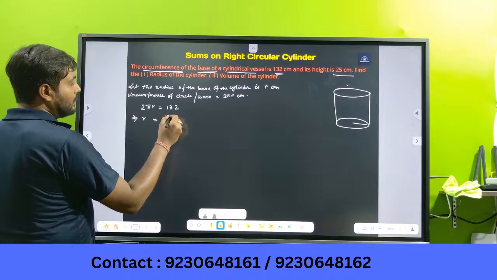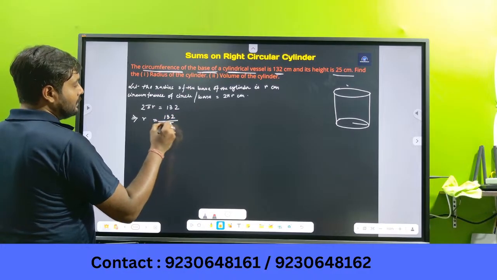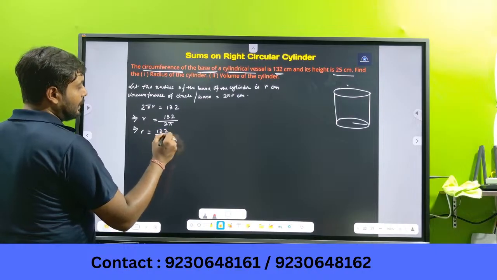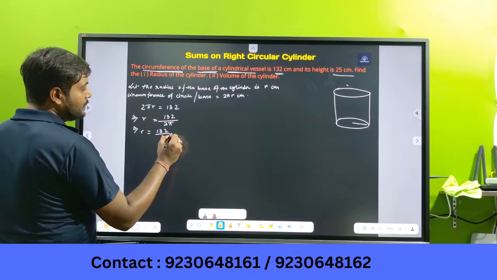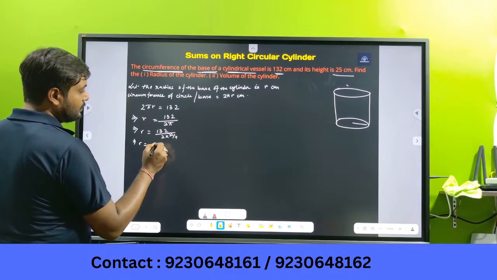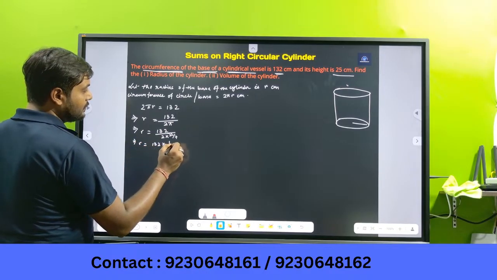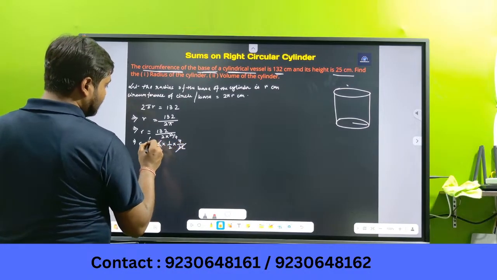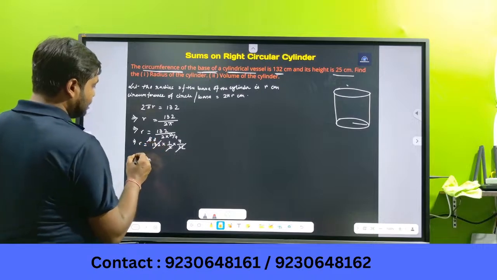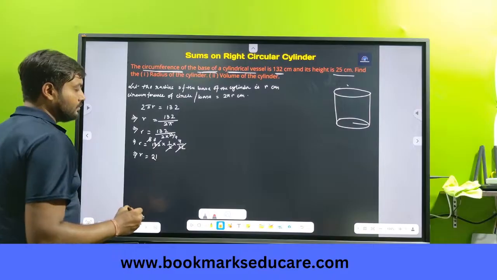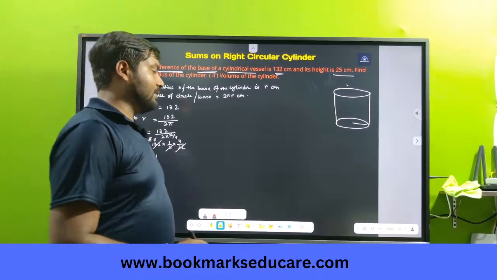r equals 132 by 2 pi, so r equals 132 by 2 into 22 by 7, and after solving we will get r equals 21.